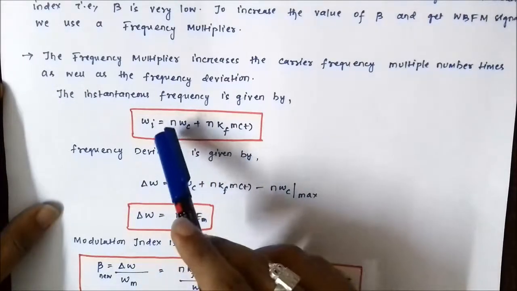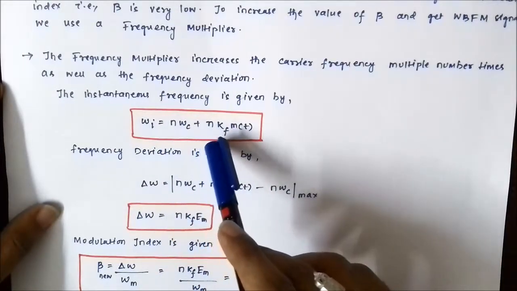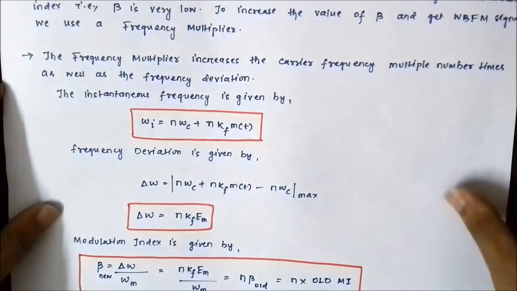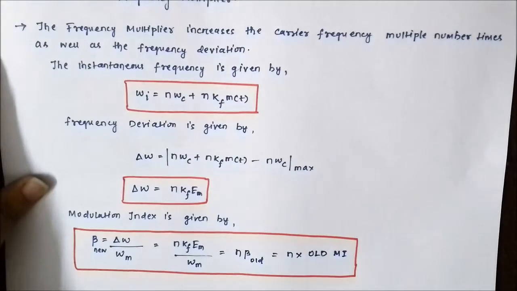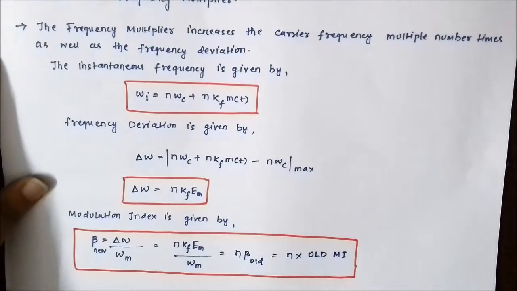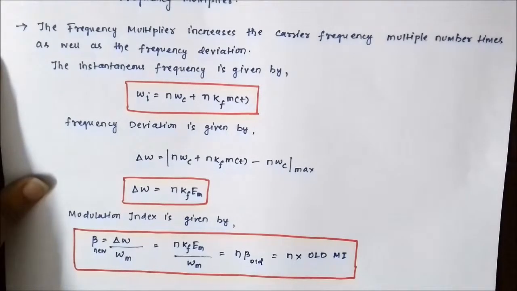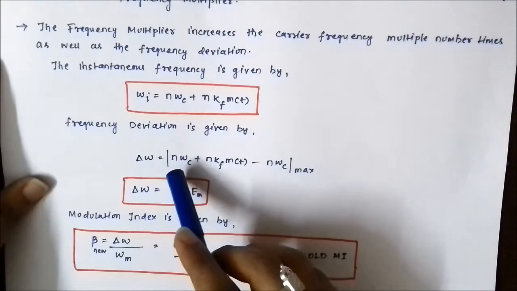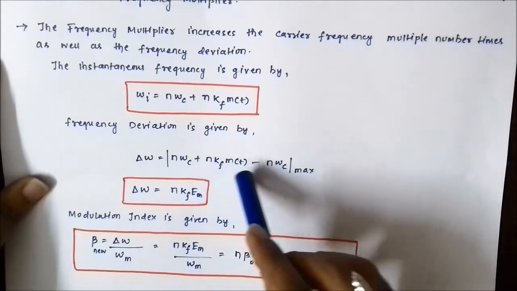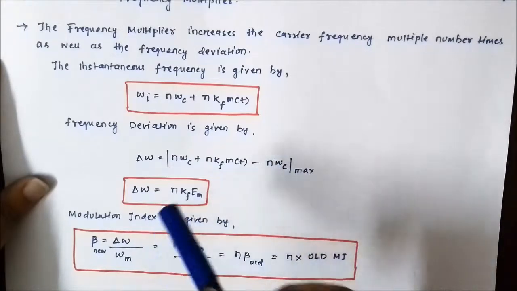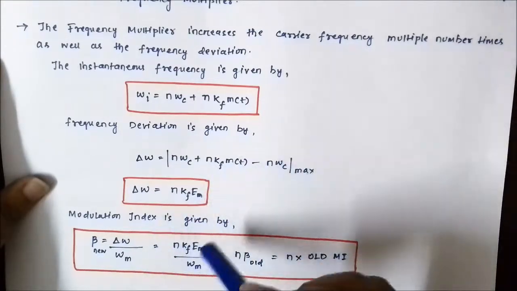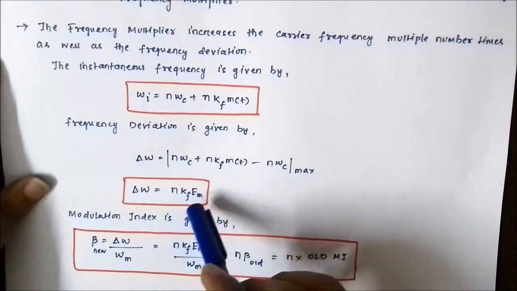So now the frequency deviation Δω, which is the maximum departure of the instantaneous frequency from the carrier frequency, is given by nωc + n kf m(t) − nωc. So nωc gets cancelled out. We get the frequency deviation as n kf Em.